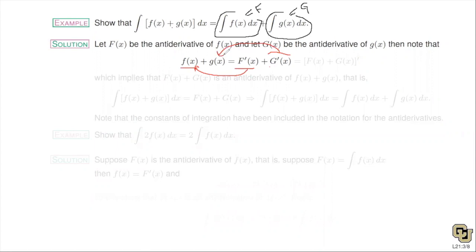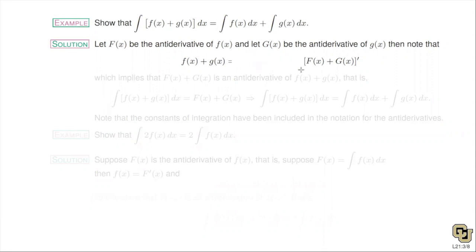Now we use properties of the derivative. We know the sum of the derivatives is the derivative of the sum. At this stage, you should think about what we've shown, and you can ignore this middle step. We've proved that capital F plus G is the antiderivative of little f plus g.